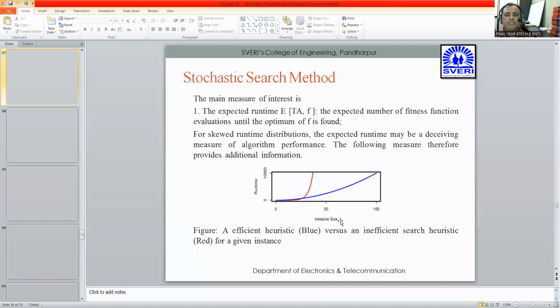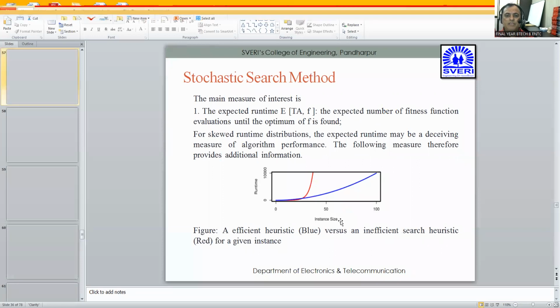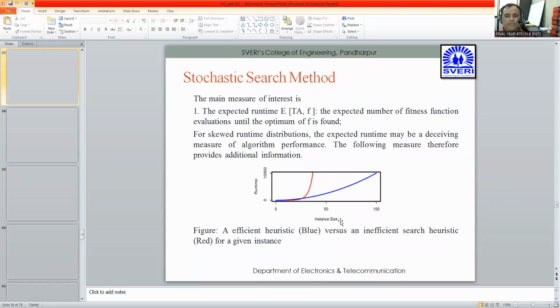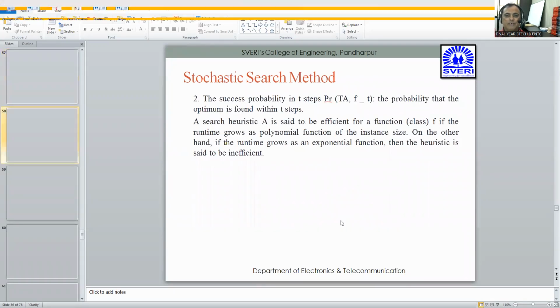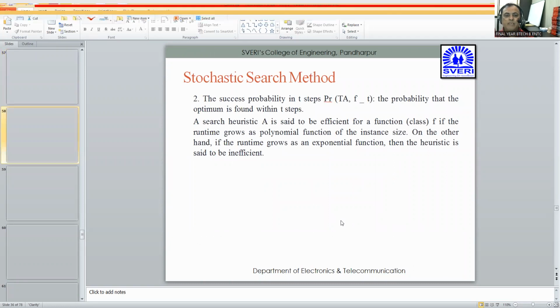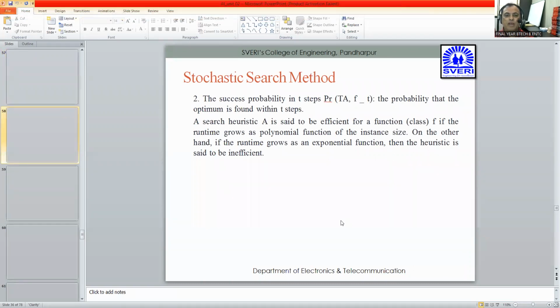In this example, you can see that the expected runtime is E[T(A, F)]. The efficient heuristic is blue versus an inefficient search heuristic that is red for a given instance. Another point to be noted from the graph is the success probability after T steps: the probability that the optimum is found within these T steps.